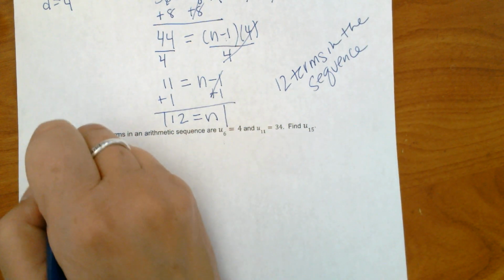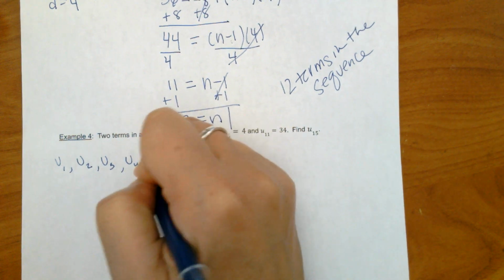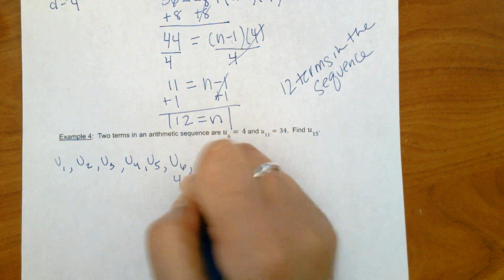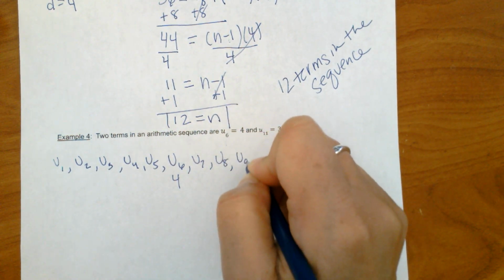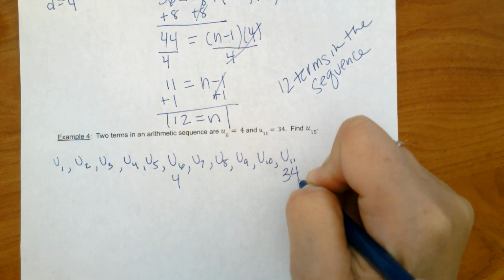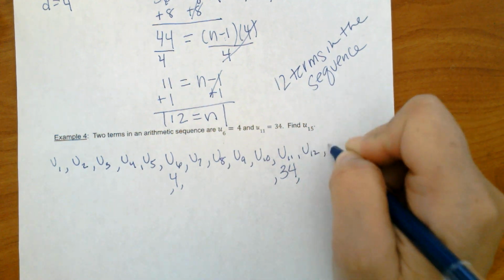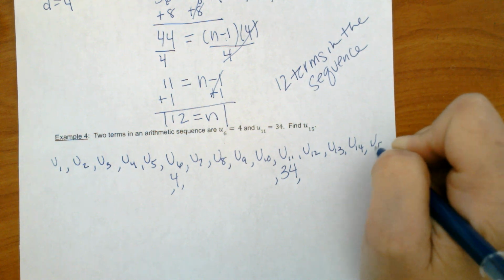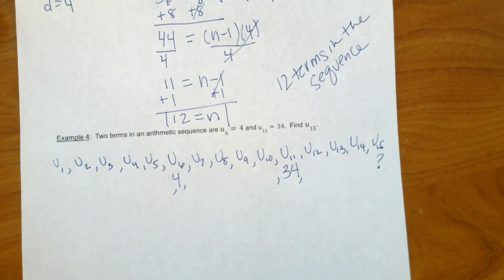So we have u sub 6 is 4, we don't have the 7th, the 8th, the 9th, or the 10th. We have the 11th, 34. We don't have the 12th, the 13th, or the 14th. We need the 15th. So we're missing some numbers here.